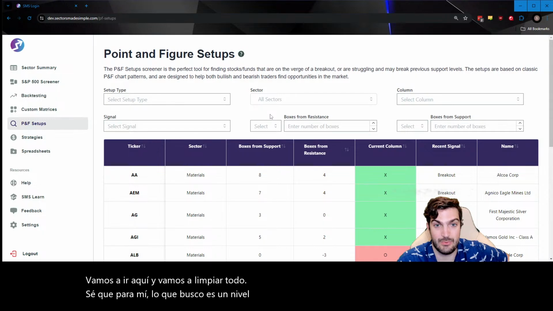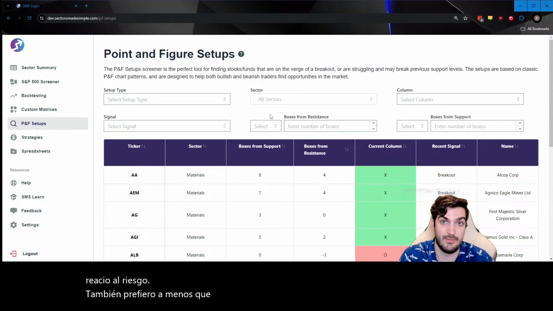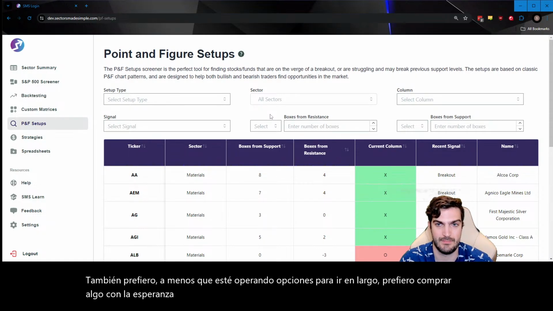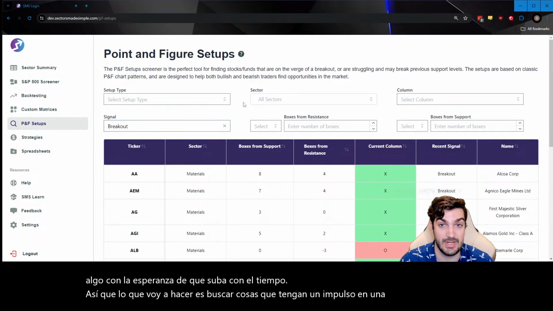I tend to be a fairly risk-averse investor. I also prefer, unless I'm trading options, to go long. I prefer to buy something with the hope that it goes up over time. So what I'm going to do is look for things that have momentum in a positive direction. I want things that are already on breakouts.